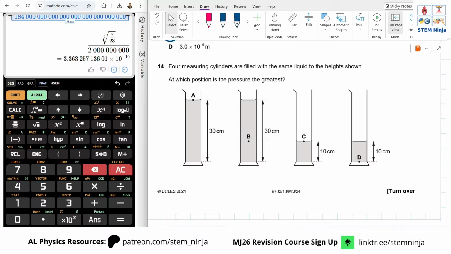is the pressure greatest. So remember, the pressure is equal to rho g h. H is the depth from the height of the column. So over here, the pressure is virtually 0.